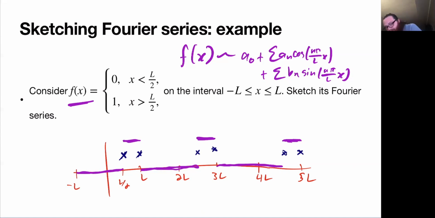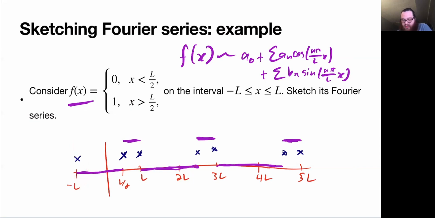And so one question is, what does this tell us about what values this takes? One thing we can do is explicitly write out what these values are. If we look over here, this jump discontinuity, by the fact that we're looking at a periodic extension, should be copied over here.